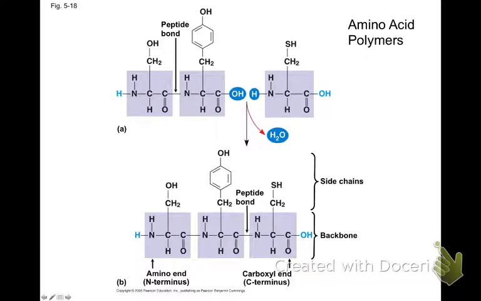Okay, so now we talk about how they are connected. How do they join in order to give me a long chain polymer? So let's draw one amino acid here. So I have, one second, let me just go back. I'm sorry. So I have, this is my amino acid.